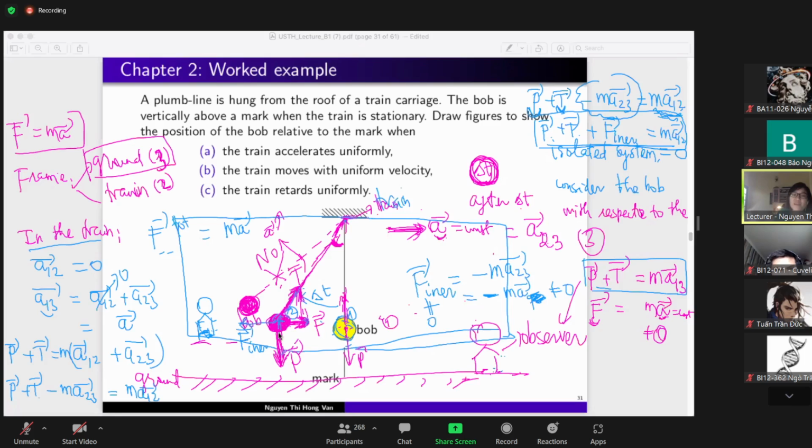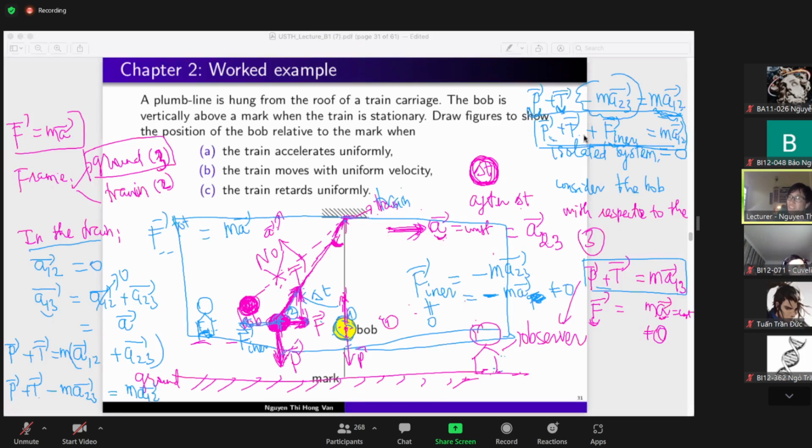So this one cancels out the F, making F inertial balanced. And if they are balanced, it means the bob doesn't move with respect to the blue one. Okay? So in the frame of the blue guy, the bob is at rest, and these three forces are balanced. So still, the first law of Newton is correct if you add this force.